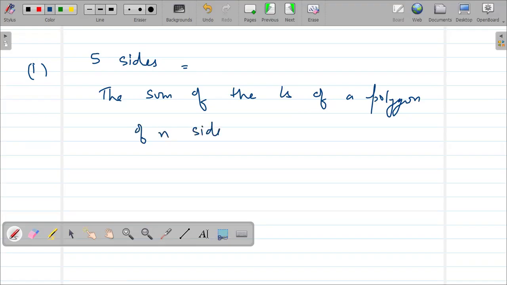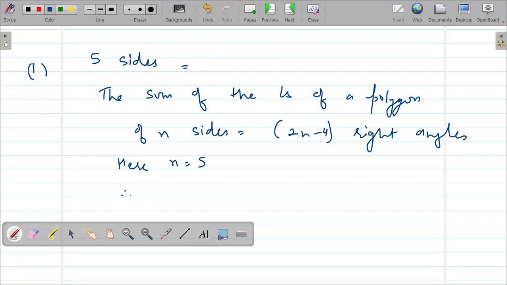How we will do it? We will use 2n minus 4 right angles. So here, what is n? n is 5.